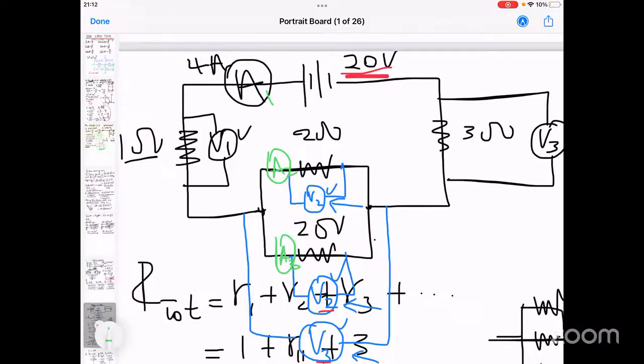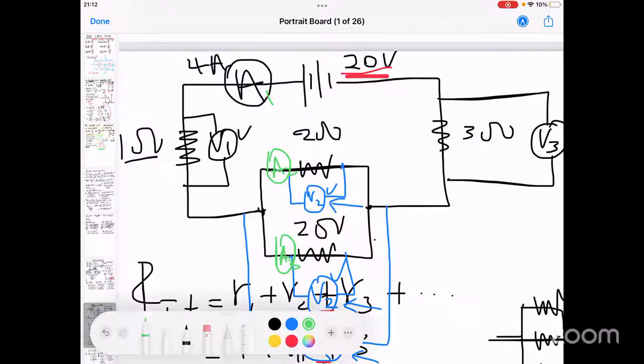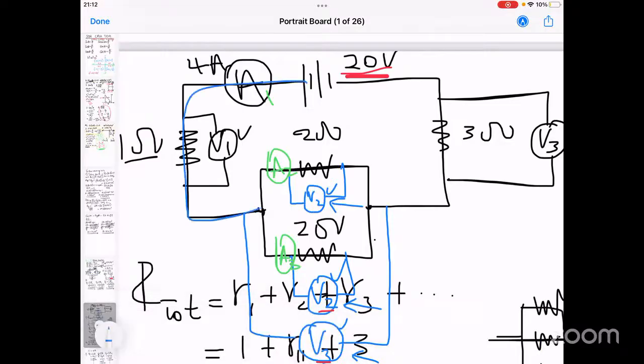Then you just need to know that if this is the water, and when it gets there it splits, it means the water flowing through this side, when you add it with the water that flows through this side, should take you back to that original water of 4, and then it connects as 4, 4, 4. So throughout, the current is 4, 4, 4, everywhere it's 4, except that section where it splits.